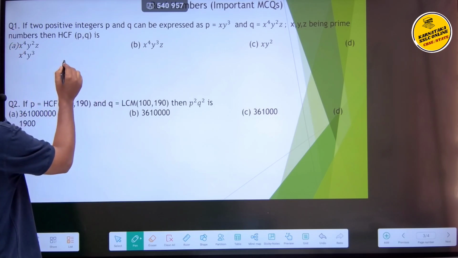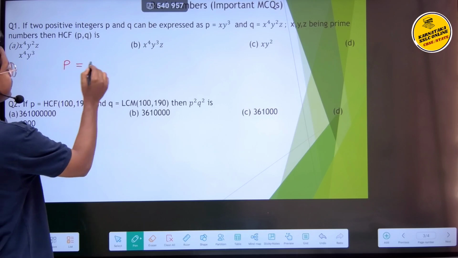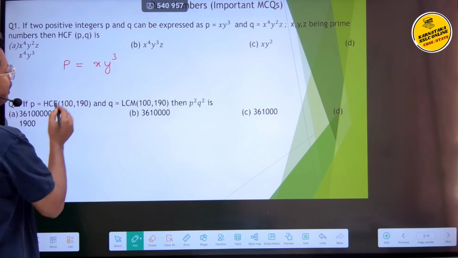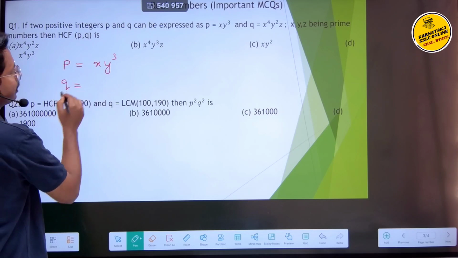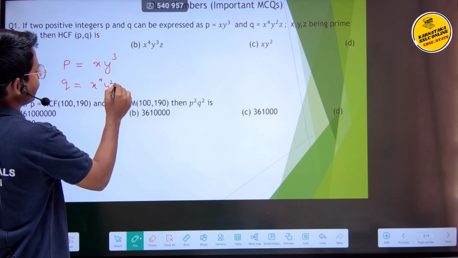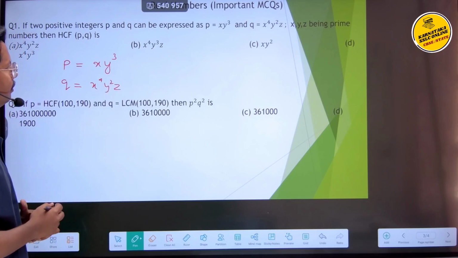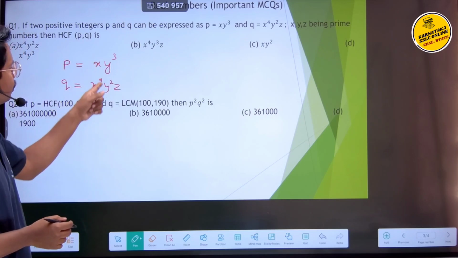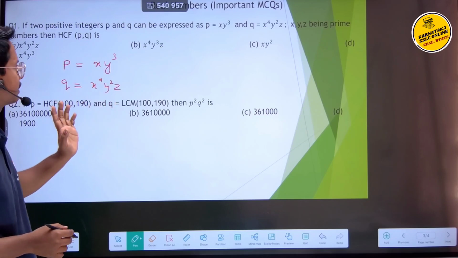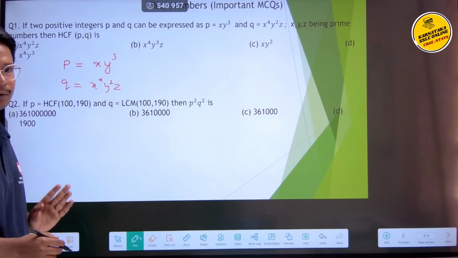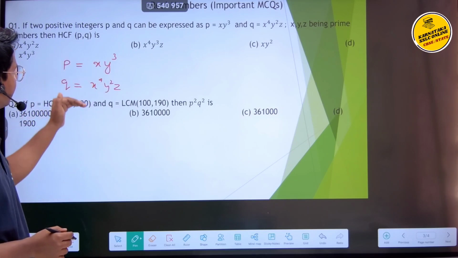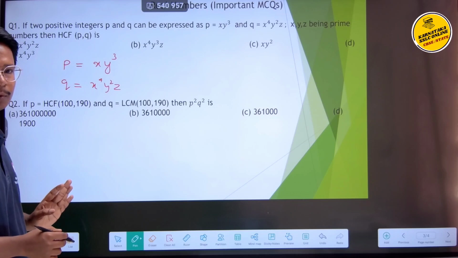Here p has x y cube, and q has x to power 4, y square and z. You just write the factors, and then you select the common factors. I can directly see the common factors.